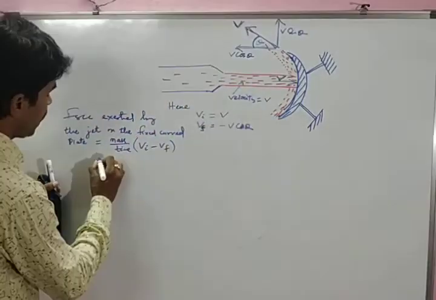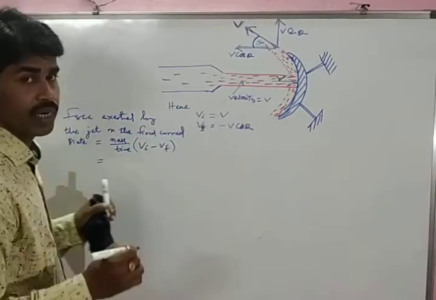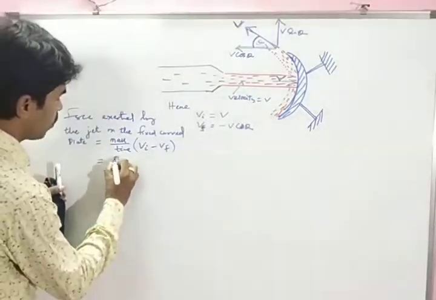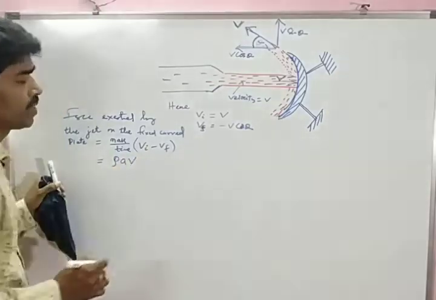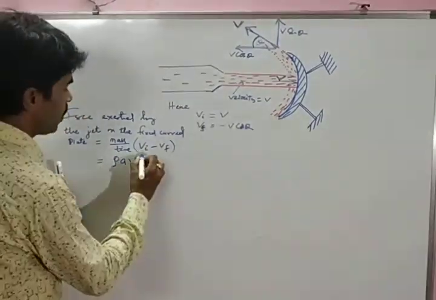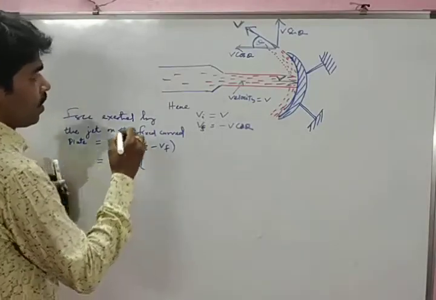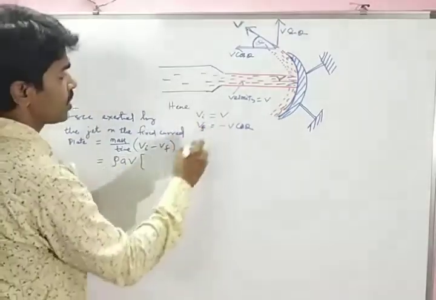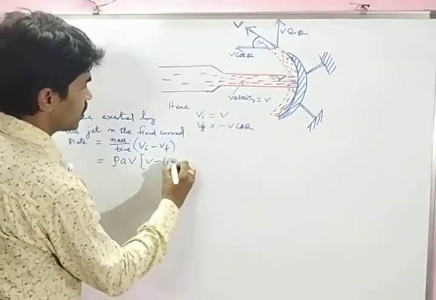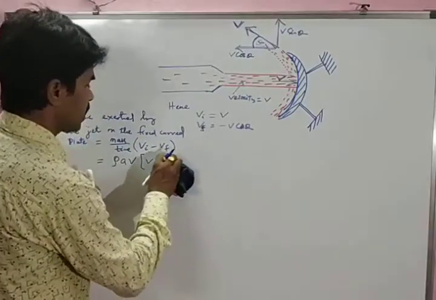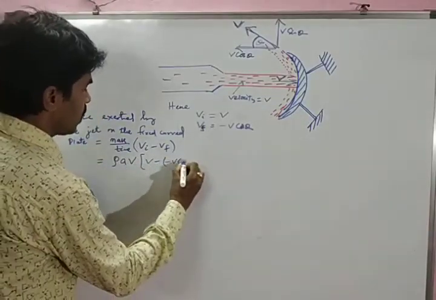Mass by time we already calculated in the previous video: this is rho a v. Into initial velocity minus final velocity, that is v minus minus v cos theta.